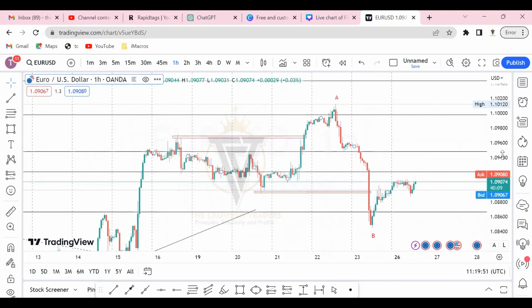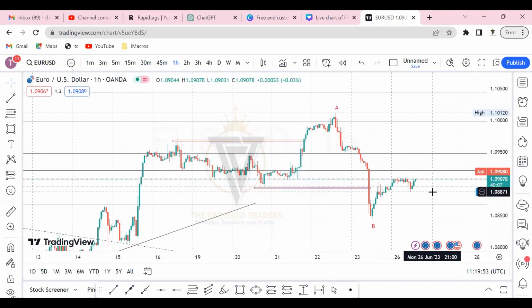Most of the time, the trend moves 70% of the time in one direction. But you see sellers in a buyer's market and buyers in a seller's market. That's what is happening in the EU now. We know the overall trend is bearish on the higher time frame, but we are seeing a buy movement in a sell trend. Don't get it confusing.